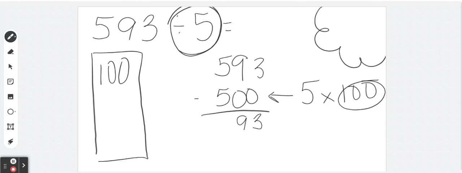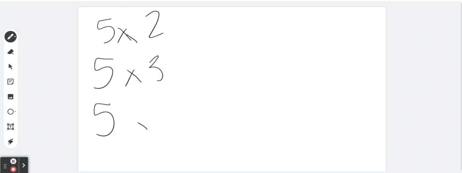Now, I'm thinking again of all my multiples of 5. I can go through and I can go 5 times 10 is 50. I can take 50 away from here. I could go even higher. I can think of all my multiples of 5. So I might be thinking 5 times 2, 5 times 3, 5 times 4. But remember, if I know 5 times 2, I know 5 times 20.